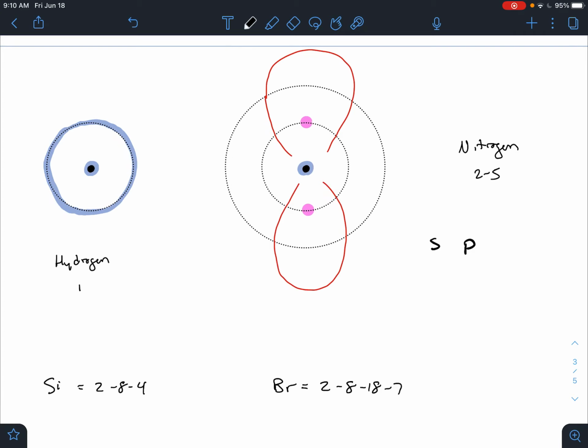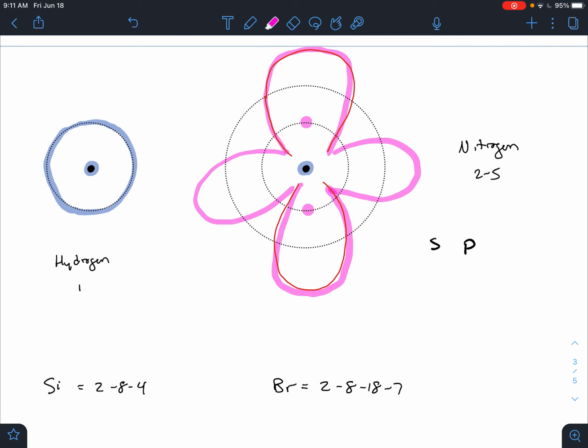And P orbitals are these wacky dumbbell or barbell shaped things that go in 3 directions, X, Y, and Z. So one goes up and down, another goes left and right, and they don't really overlap. Then another goes out of the screen towards you and into the screen away from you. So those are our 3 P orbitals.